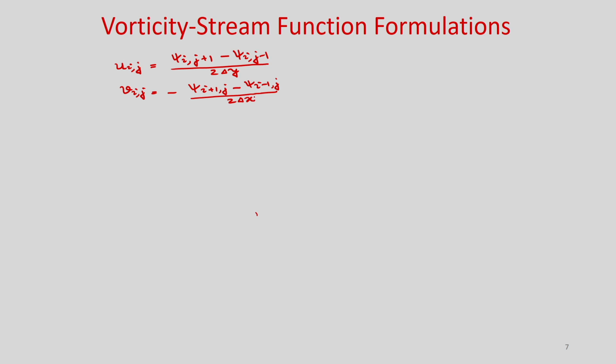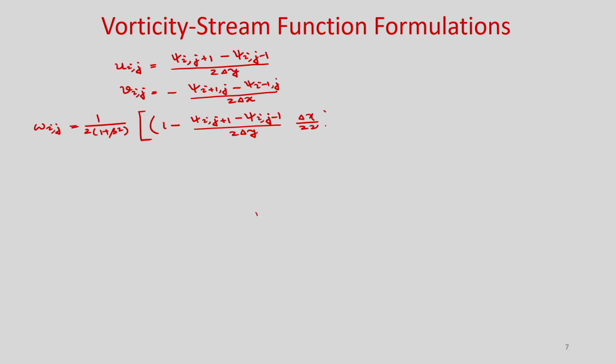So now we will substitute this in the expression of omega ij. So omega ij is 1 by 2 into (1 plus β²), 1 minus, now we put the value of u. Okay. So it will be (ψ_{i,j+1} minus ψ_{i,j-1}) divided by 2Δy, Δx by twice ν.